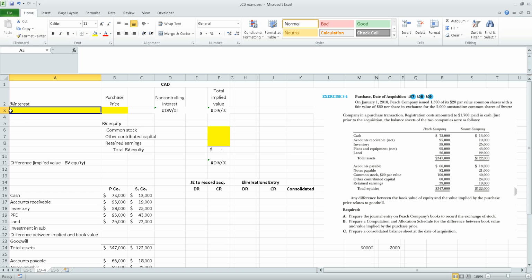So up here in our CAD statement, we will enter the percentage interest acquired as 1, converted to percentage terms, that's 100% interest.